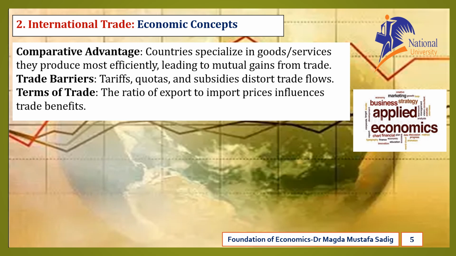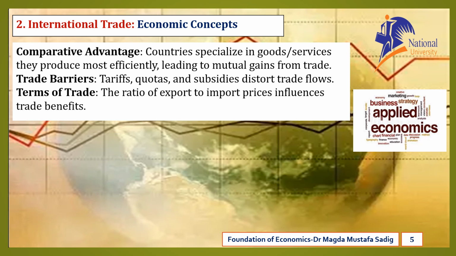Let us now turn to international trade, a key area where economic theory helps us to understand how nations interact economically. Comparative advantage. One of the core concepts is comparative advantage.